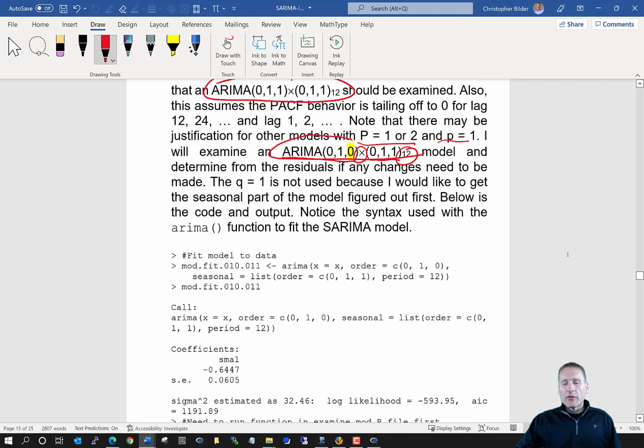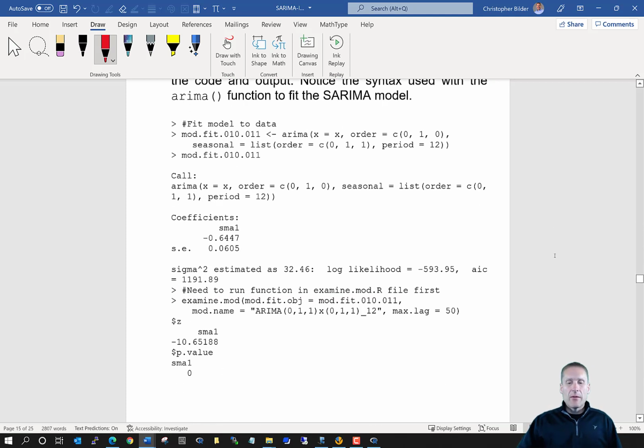Okay, so to estimate this ARIMA model, here's how we can do it. I'm going to put my results into a mod.fit type of object. My data is in x. My order for the non-seasonal component is 0, 1, 0. So little p, little d, little q. Now for the seasonal component, I have a new argument here for seasonal. Inside the argument, I need to put everything into a list where the first component is the order for the seasonal component.